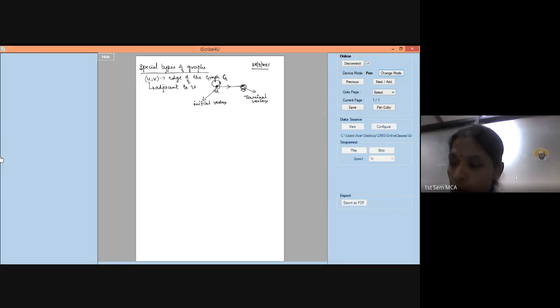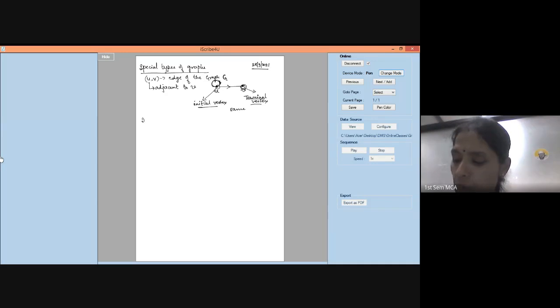Suppose you had a loop, then both initial as well as terminal will be the same. For a loop, initial will be the same and terminal will be the same. But when you have a directed edge like u to v, then u is called the initial vertex, v is called the terminal vertex. Okay, I hope I'm clear.